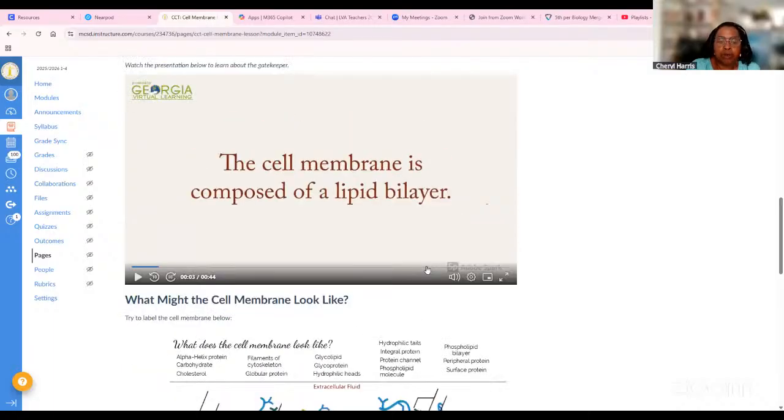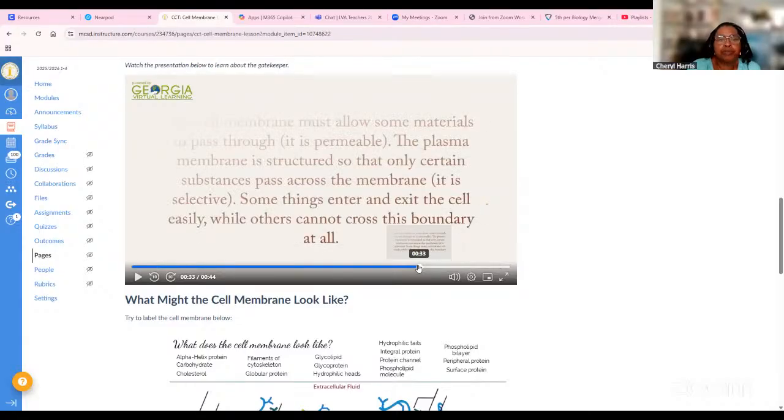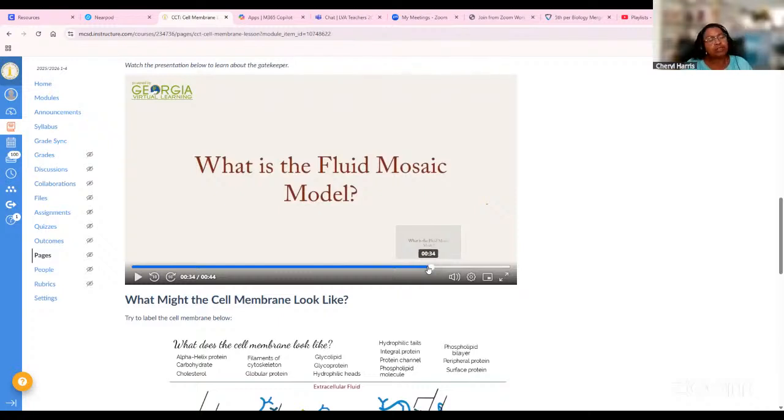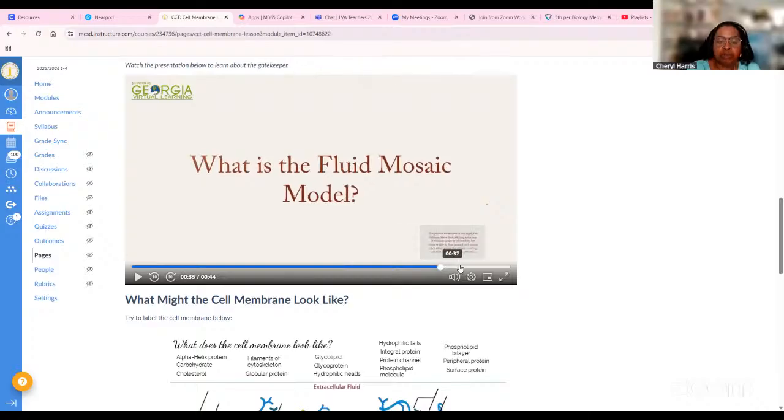Okay, but what I wanted you to look at was this part. All right, so again, being semi-permeable means it allows some things to pass through and others not. Another name for the cell membrane is the fluid mosaic model. So we're going to be looking at what they mean by the fluid mosaic model.